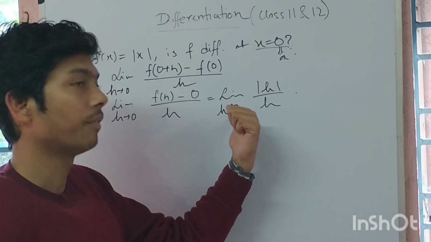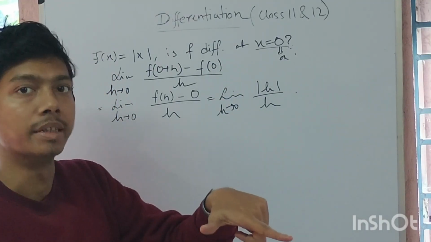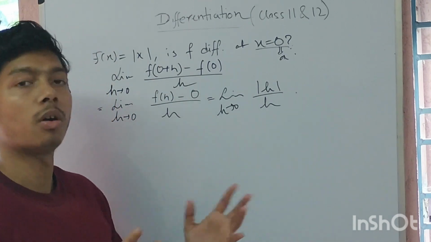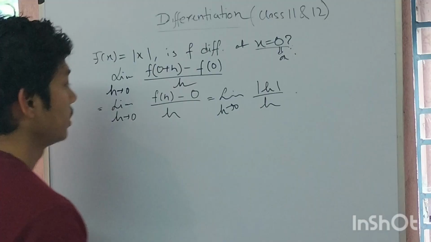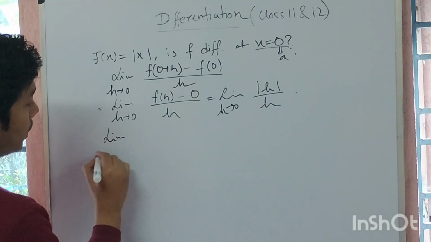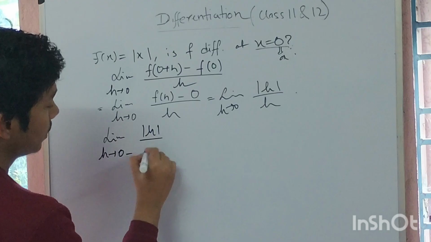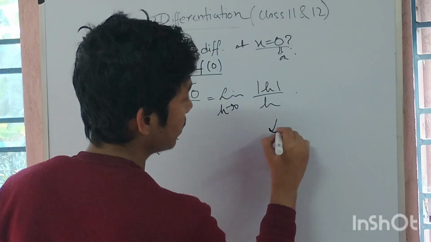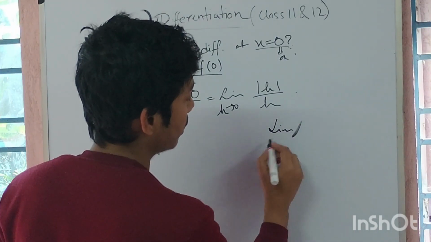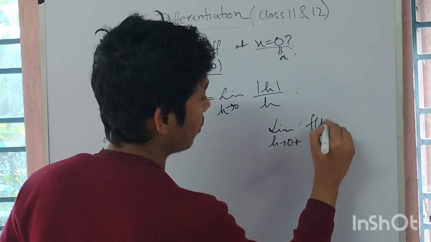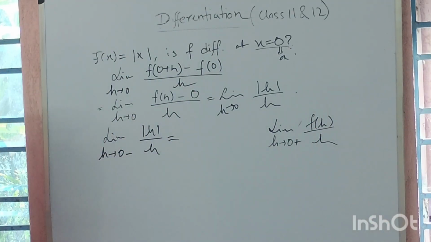In which way can I check whether a limit exists? I have to check its left hand limit and its right hand limit. If both are equal, then the limit exists. If both are not equal, then the limit doesn't exist. So I have to check limit h tends to 0 minus of mod h by h, and limit h tends to 0 plus of mod h by h.